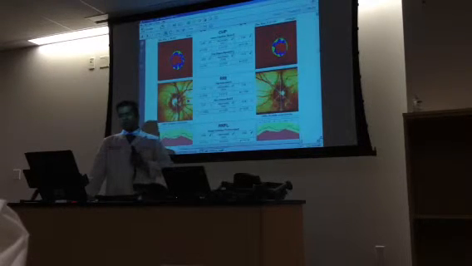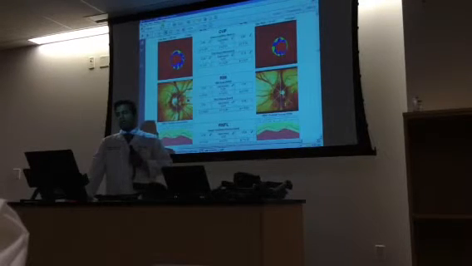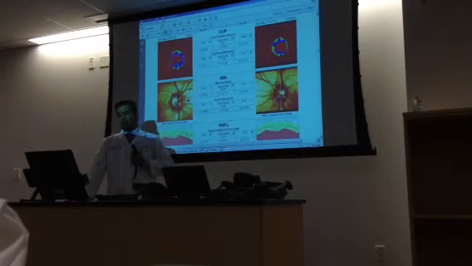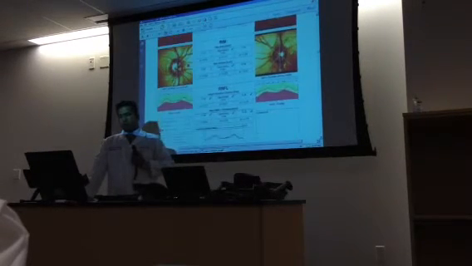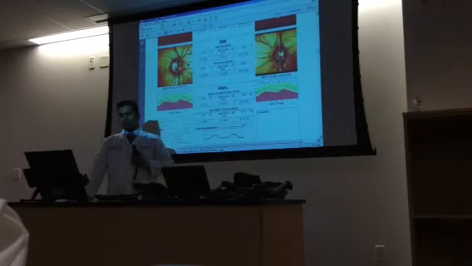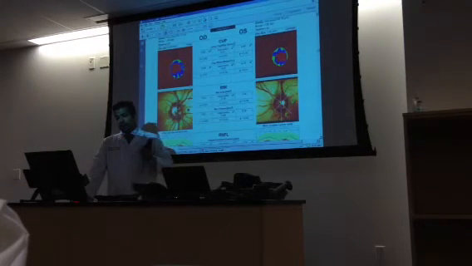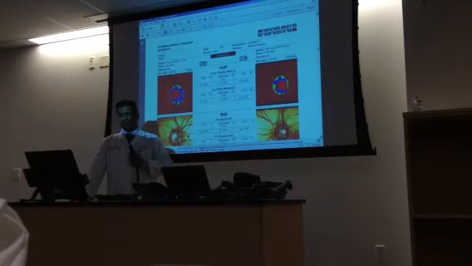Overall, Moorfield's regression analysis is outside normal limits for both eyes. Rim area, rim volume, right eye and left eye are looking suspicious with borderline chances of damage being less than 0.5%, labeled down here. And that's pretty much your analysis for HRT.